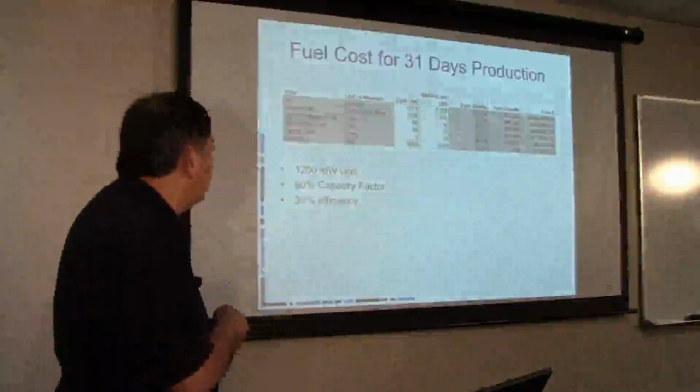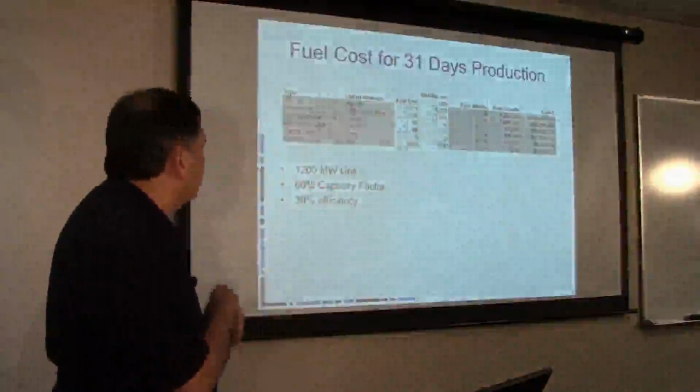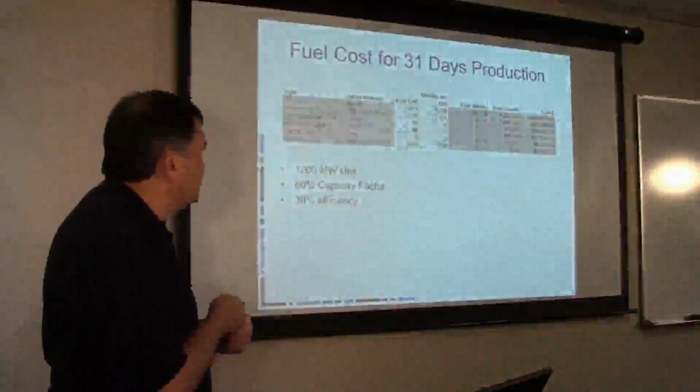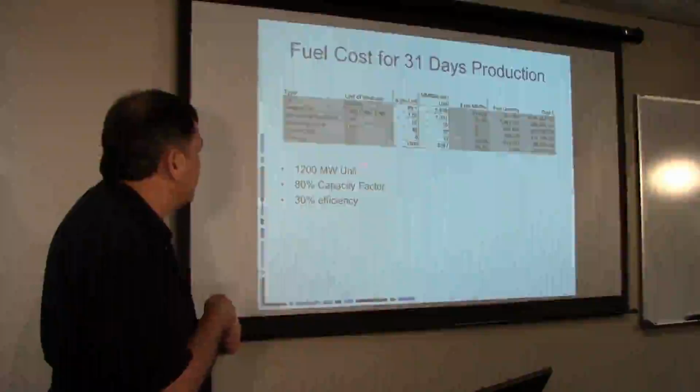If we took the maximum potential energy it could generate at full output and then took the actual amount of energy it generates because it goes up and down a little bit, that's called capacity factor. And then we take the efficiency. Well, we can take each type of these fuels and say, how much would we spend during a month to run that unit under these conditions for 31 days?